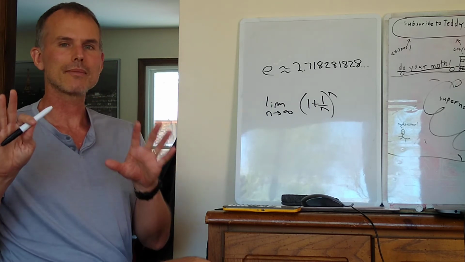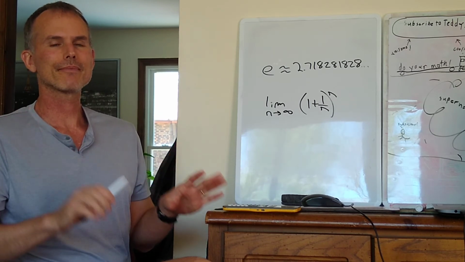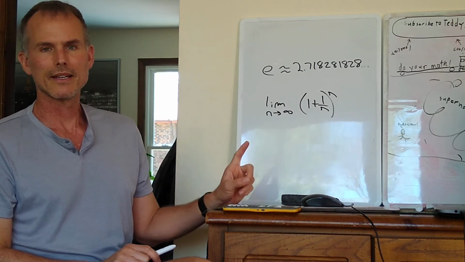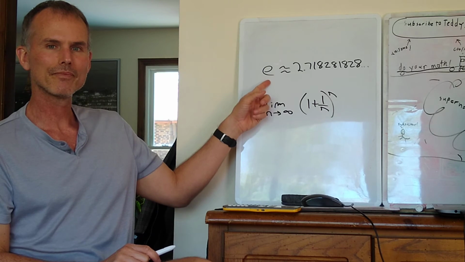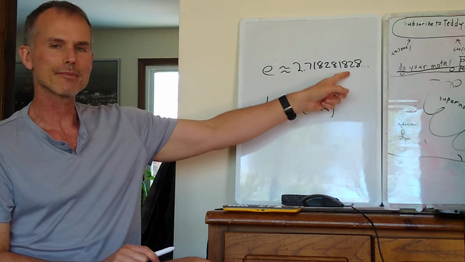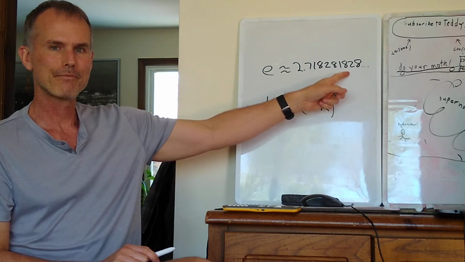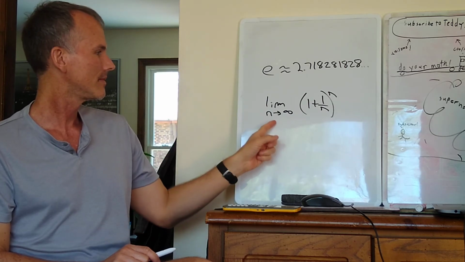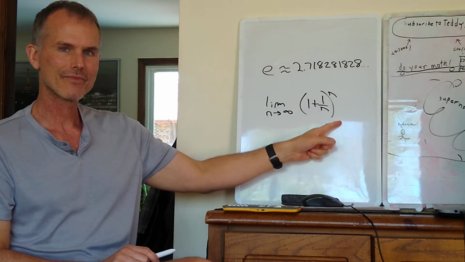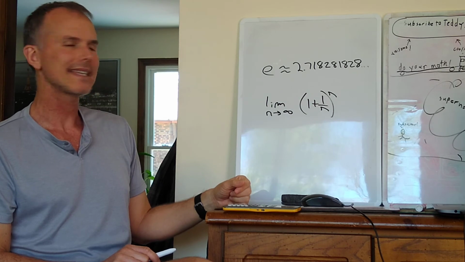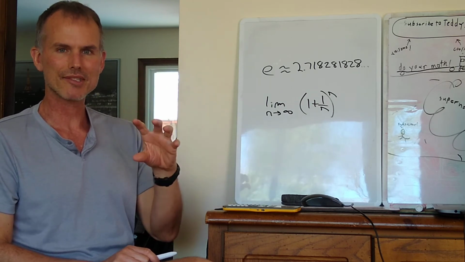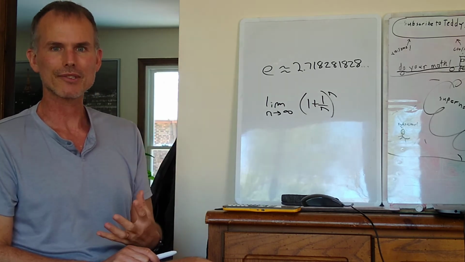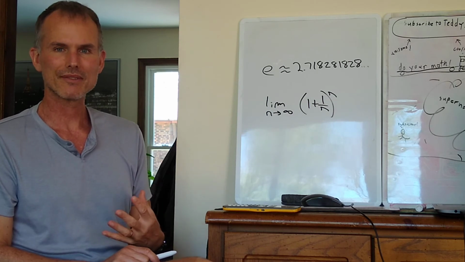Okay, so let me clarify the objectives here. Number one, we want to know that there's a number e whose value is approximately this much. Okay, it can be arrived at this way, among other ways. And e is going to serve as the base of the exponential functions that we're going to talk about in this section.